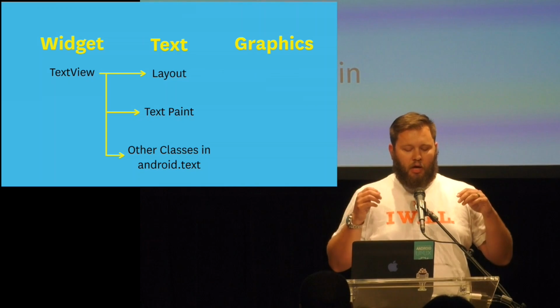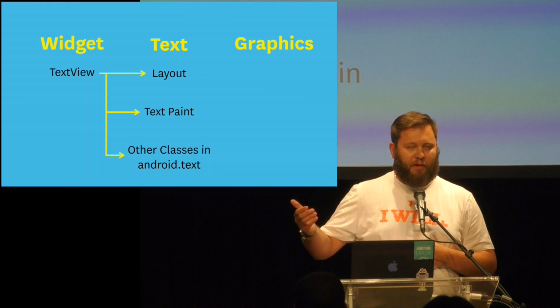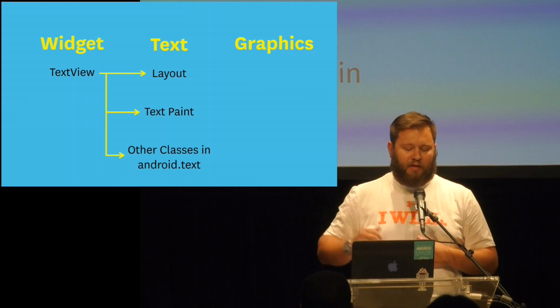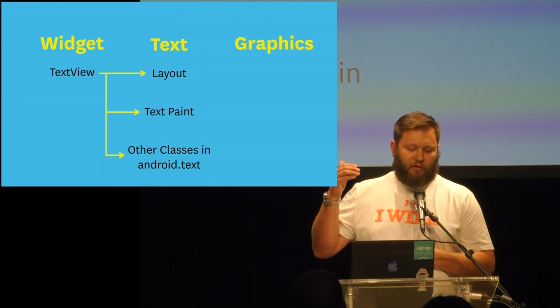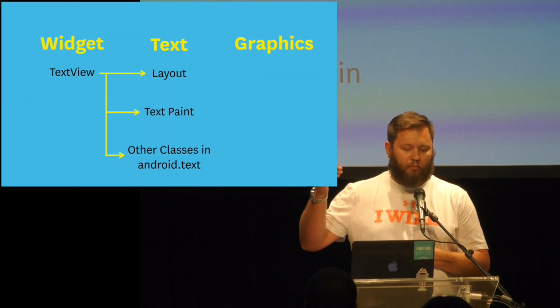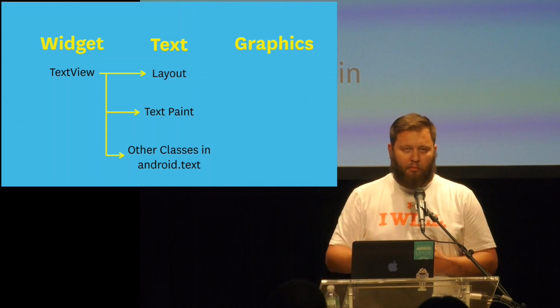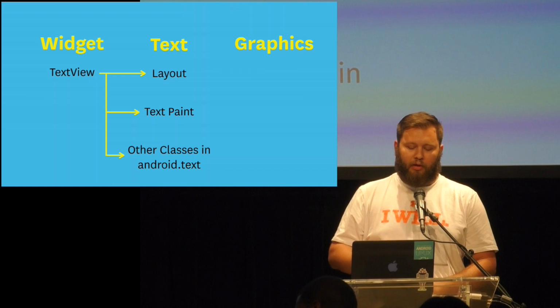So what happens is the TextView will go to the layout and ask the layout to figure out how much space it needs to display the text that we have for that TextView. It will go to the TextPaint and ask how much room for the font it's going to need. And there are probably about 15 to 20 other classes that are incredibly ingrained in the TextView.